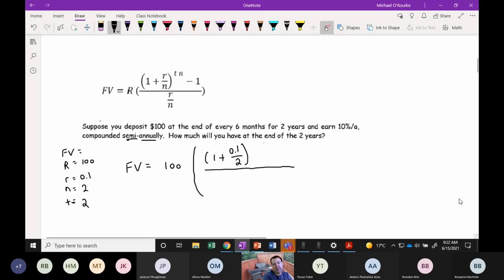So the power of Tn, which is 2 times 2, which I'm going to write 4 in there. I'll put a thing that says 2 times 2, minus 1, all divided by 0.1 over 2. So there's our formula.